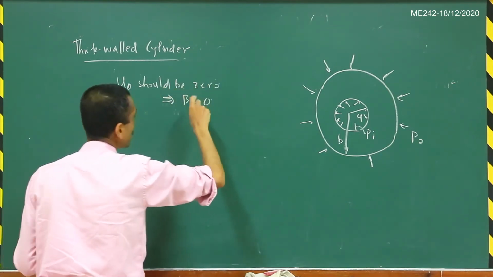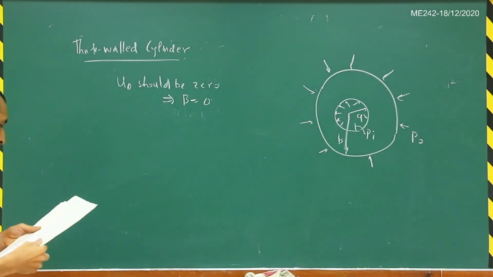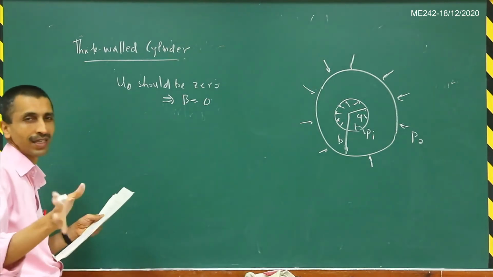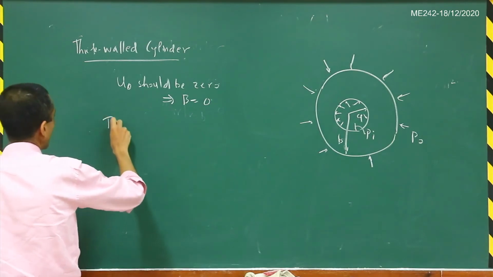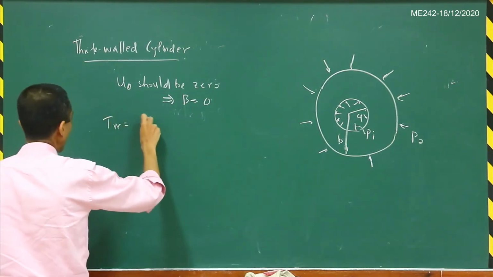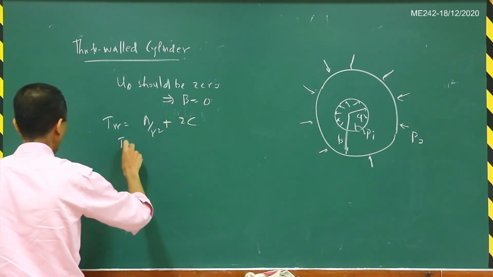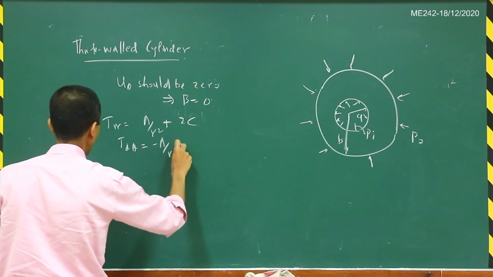The same reasoning as for the spinning disk problem applies here. Again, the constants A and C have to be determined, right? So in this case, tau_rr is equal to A by r squared plus 2C, and tau_theta theta is equal to minus A by r squared plus 2C.